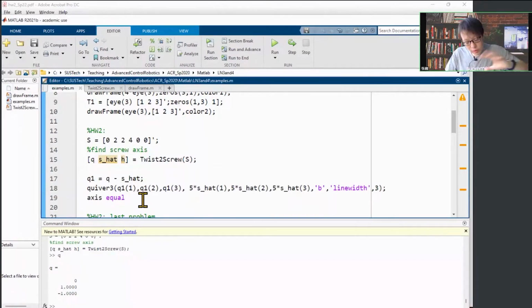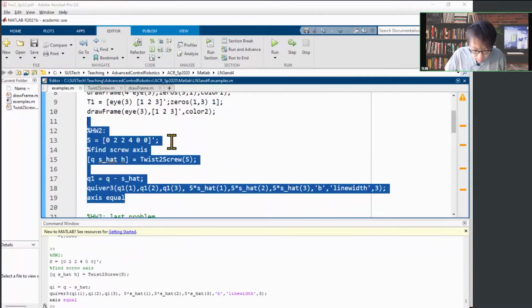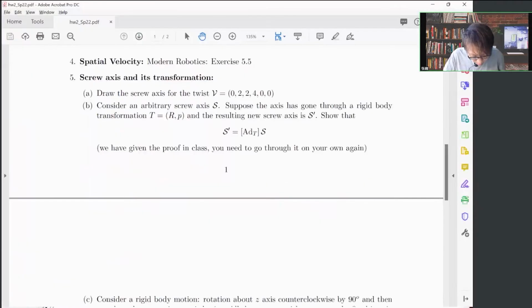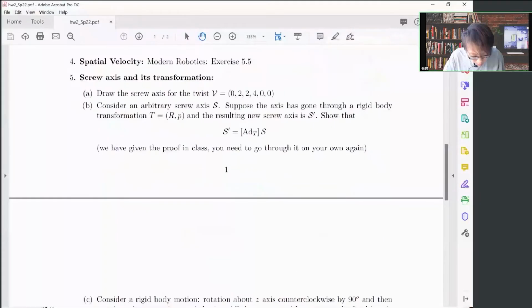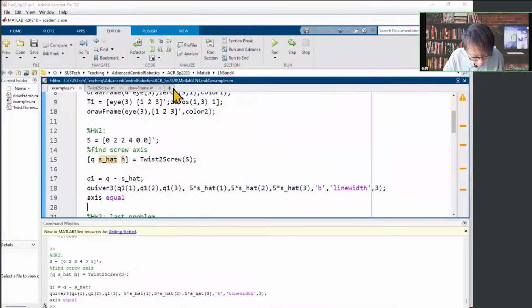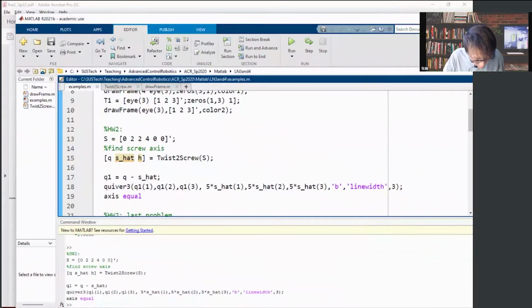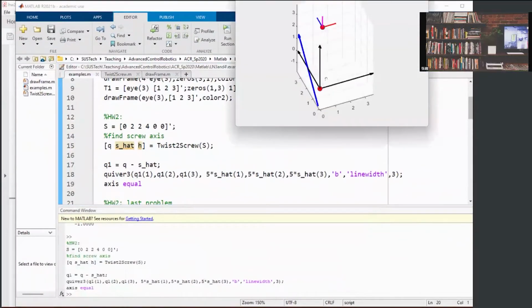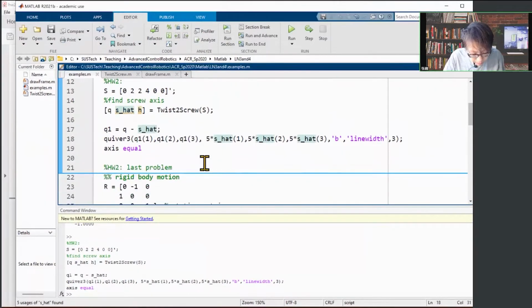I can roughly draw an arrow or a vector and see it in the whole picture. So now you can see this is my screw axis, the one we visualized here.